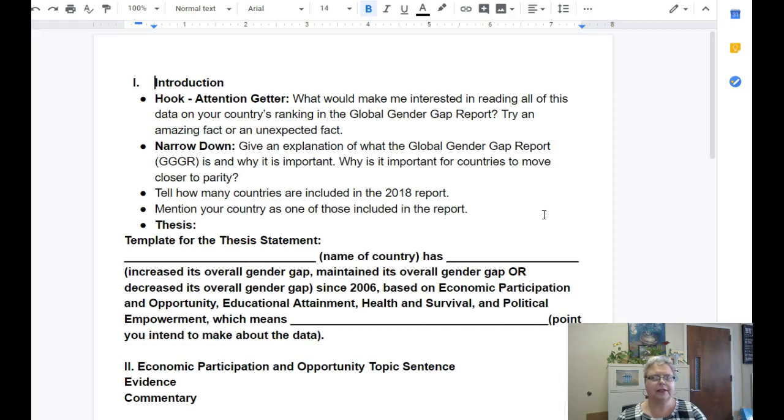What is the difference? Just something to get someone's attention. And I would get it from the Gender Gap Report itself.